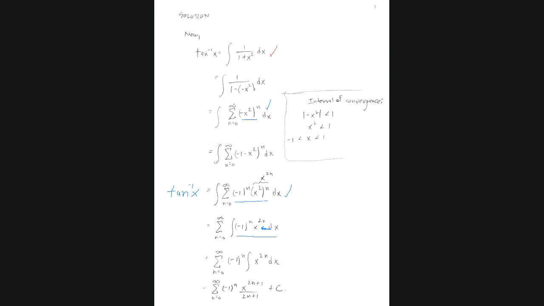Each antiderivative will have a little constant associated with it, but if you added up all those little constants, you would get this big constant here. So now we have a formula for the arctangent.